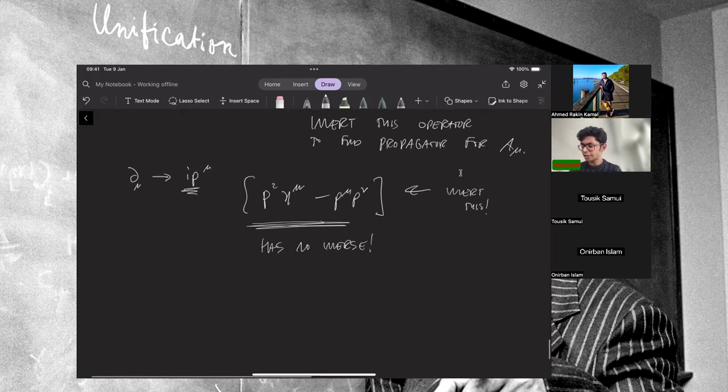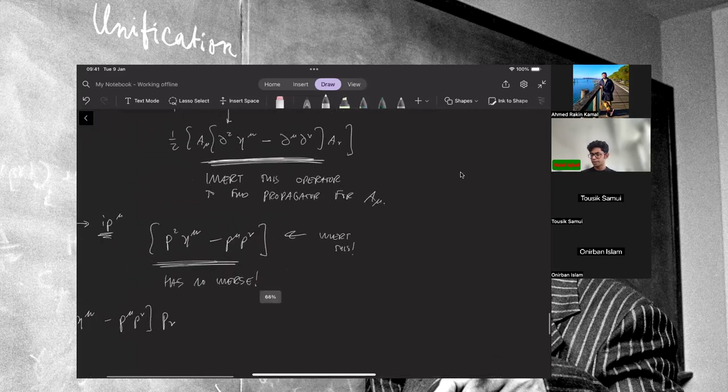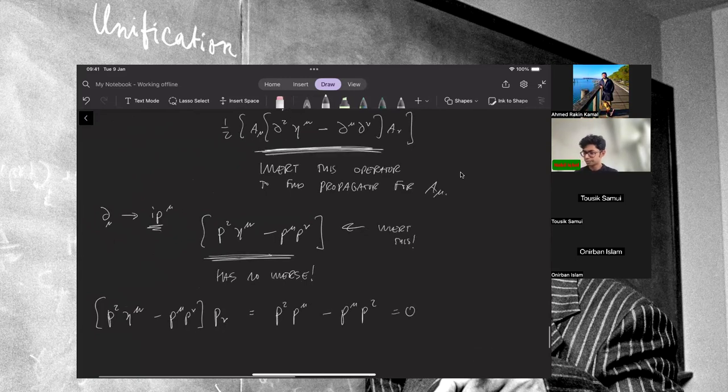To see that, let's just consider acting with this operator, p squared eta mu nu minus p mu p nu, on the vector p nu. What do we get? From the first term, we have p squared times p mu. From the second term, we have p mu times p squared, which cancels it, so we get 0.